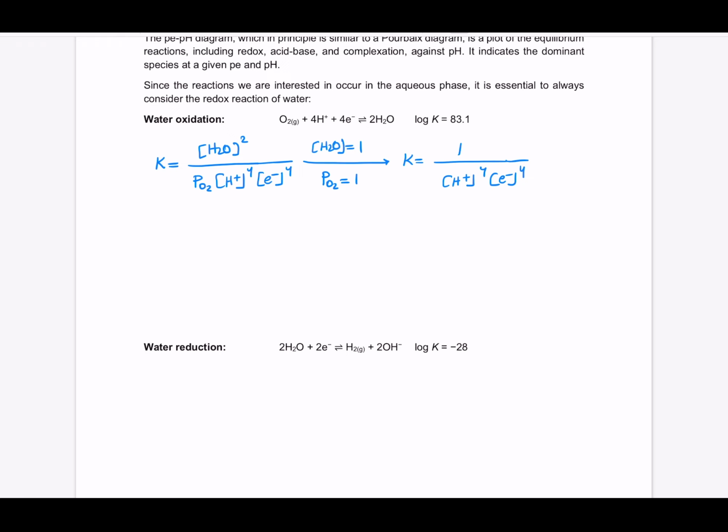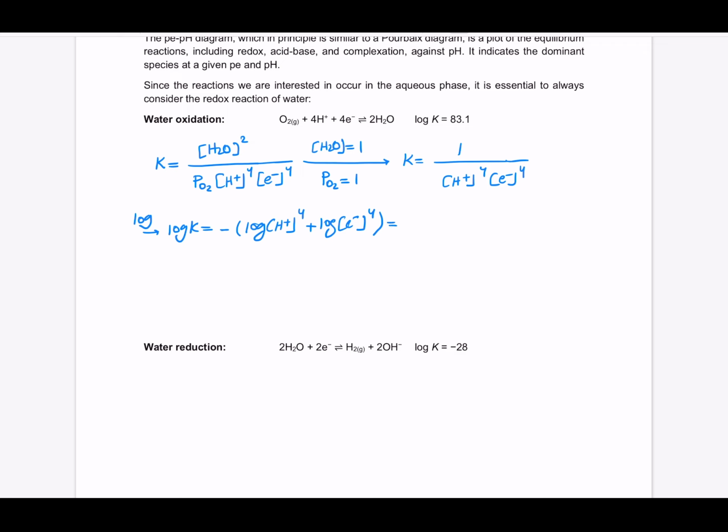So we're interested to work with pe and pH. So a little bit of playing with the log function. Log of both sides would be log of K, then this would be minus log of H plus to the power of 4 plus log of electron to the power of 4.